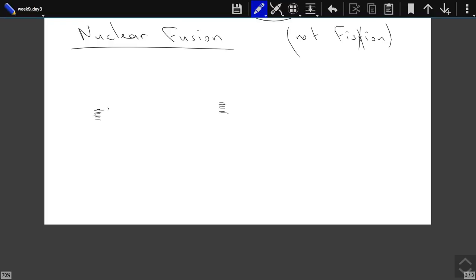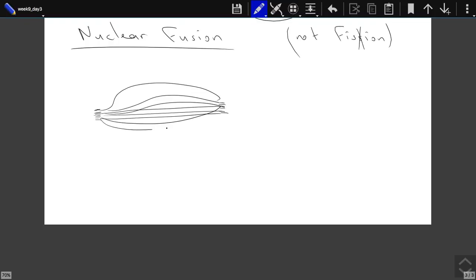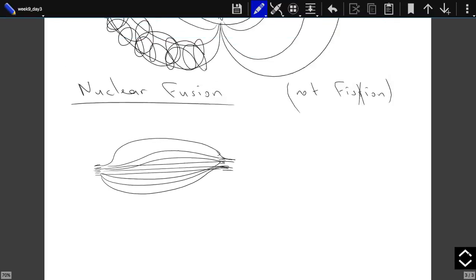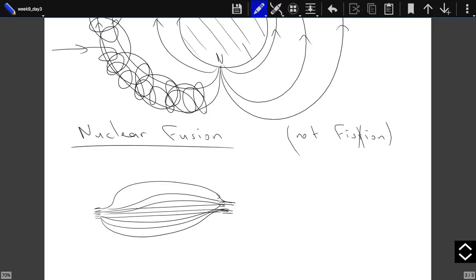such that they all start from a very small region. You try to form such bottles. Since the magnetic field lines are converging very fast, when the particles approach these endpoints, they will be pushed back, and they will just go back and forth in between.